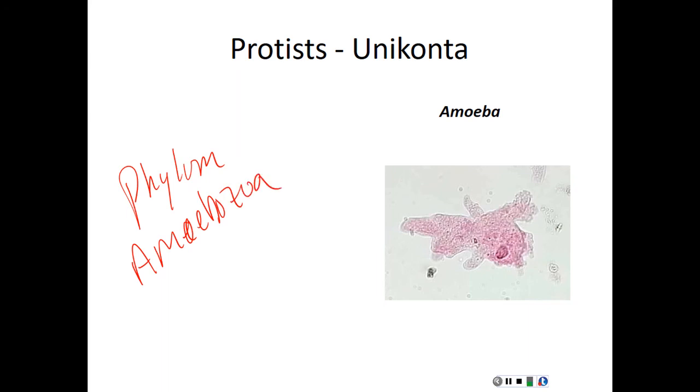This organism is heterotrophic and moves by pseudopodia. Rather than having the thread-like pseudopodia we saw in the other group, this has lobe-like or tube-like pseudopodia, and that's what it would use for movement. Also for feeding, it would trap a food particle and engulf it using the pseudopodia to help it out.